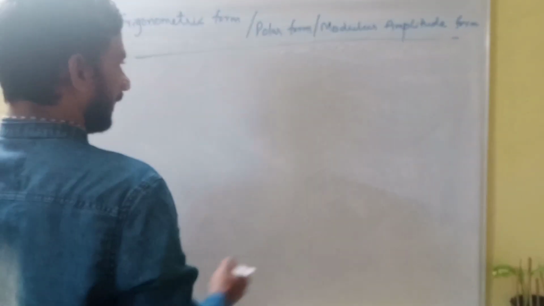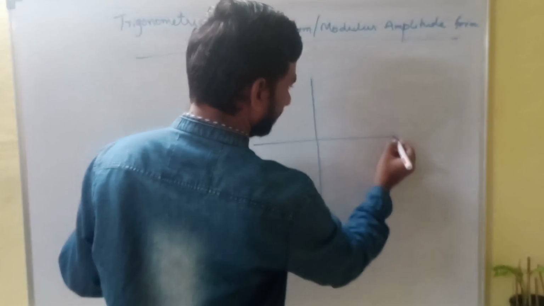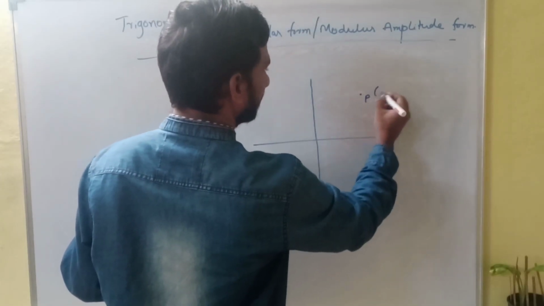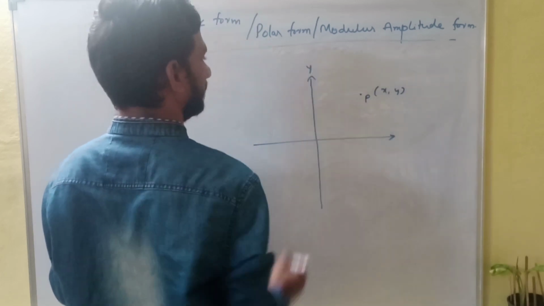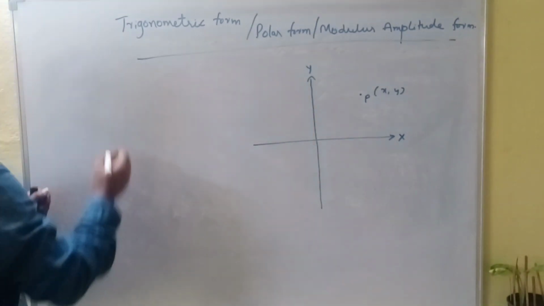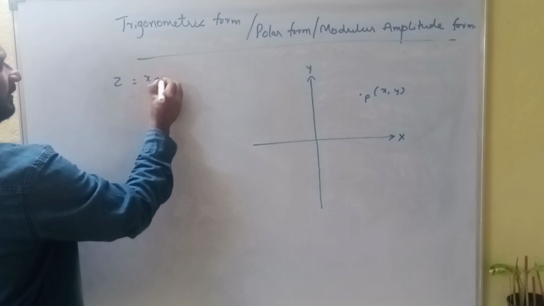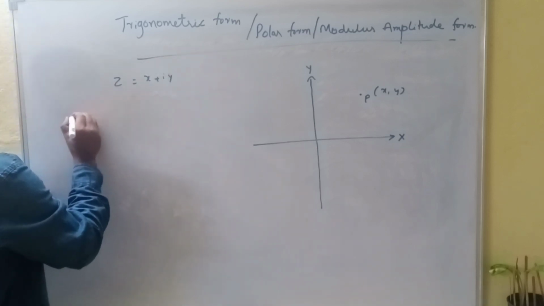So, as we have seen earlier, in the Gaussian plane, I am taking a Gaussian plane and marking one point P x comma y, and this is y and this is x. And I am taking z is equals to x plus iy. I am representing this in the trigonometric form.